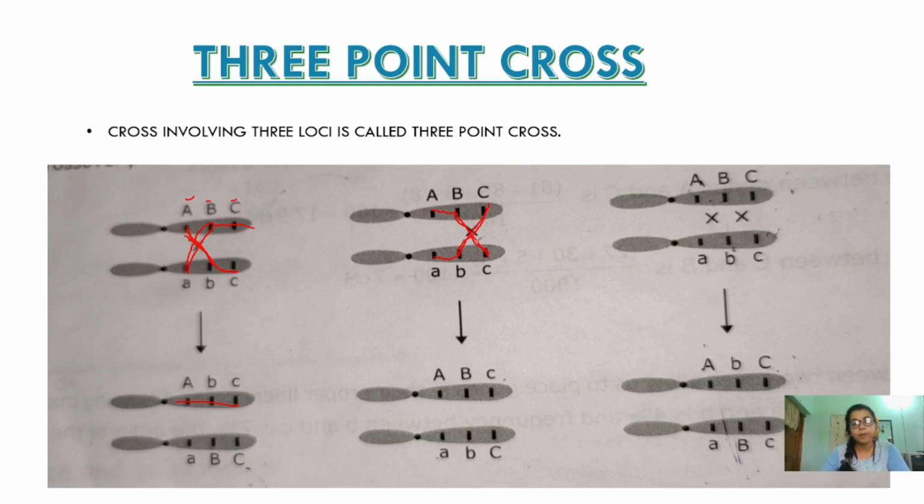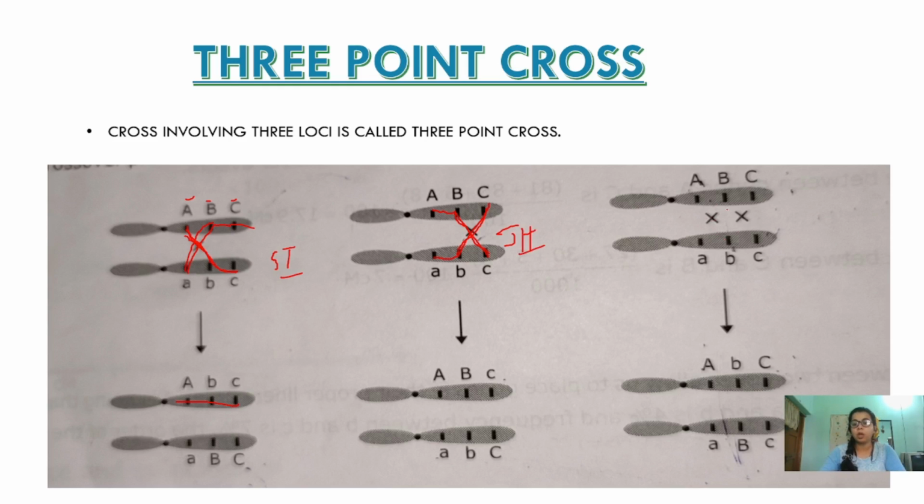Okay, wherever the cross is present, you need to just interchange that position only. Here also you need to interchange the position only wherever the cross is present. Okay, so this is single crossover 1 and this is single crossover 2. Hope you understood how we got the progeny. Okay, because this is very important.